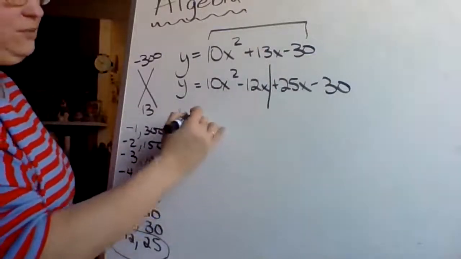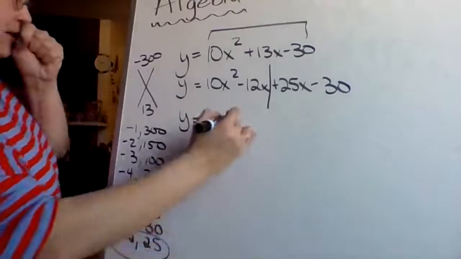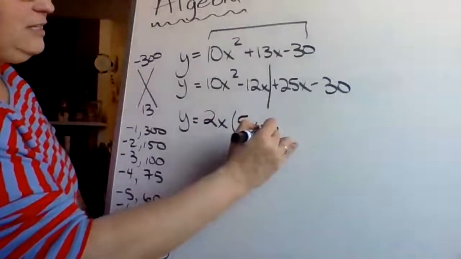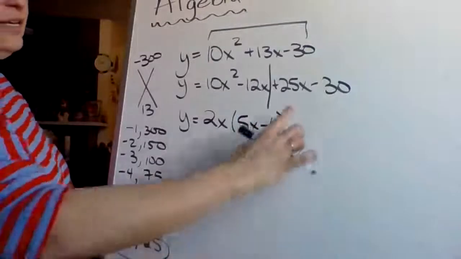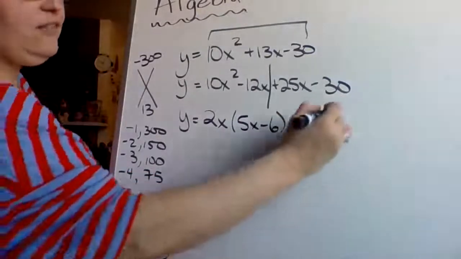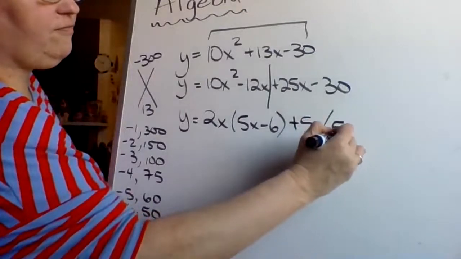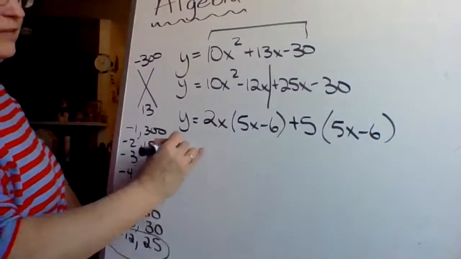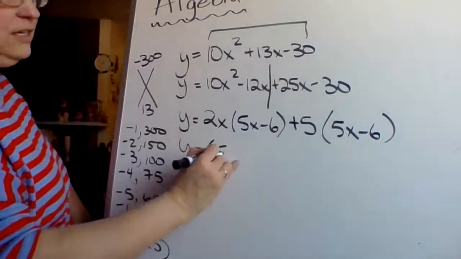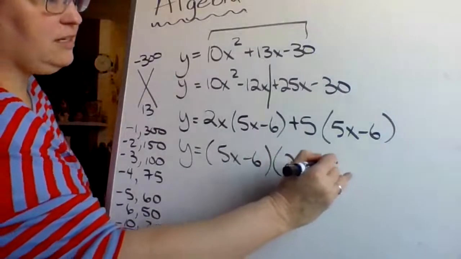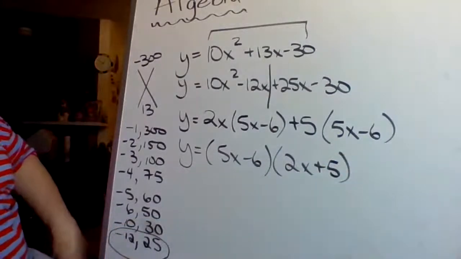These two have a 2 in common, so I take out a 2x. I would have 5x minus 6. These two have a 5 in common, so I take out a 5, and I get 5x minus 6. So y equals 5x minus 6 and 2x plus 5.